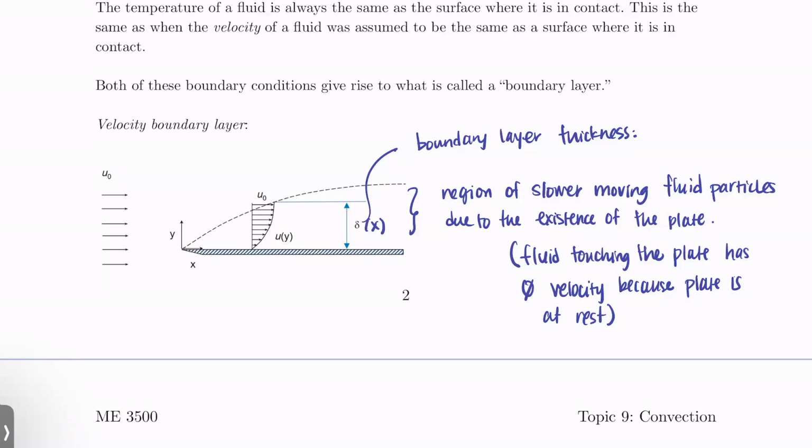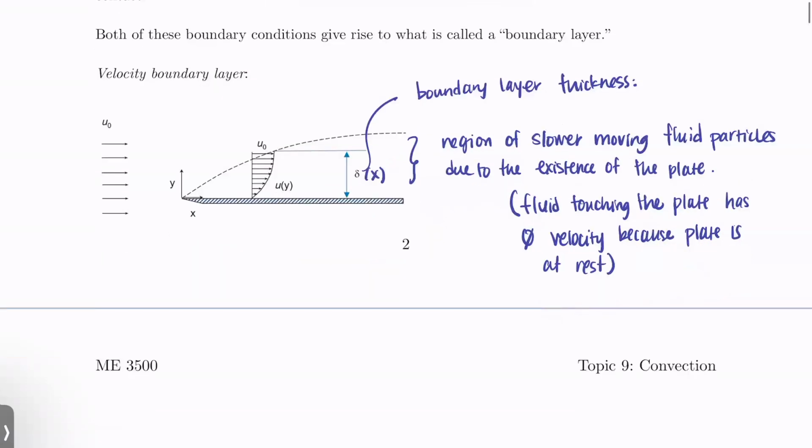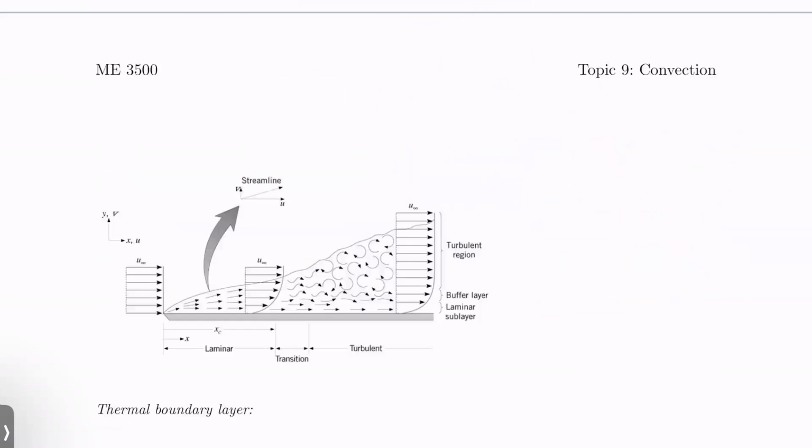I'm going to add a little more detail to this picture of the boundary layer. What a boundary layer looks like changes depending on whether the flow is laminar or turbulent. Okay? And so if you have a plate with a uniform flow coming into it, you'll start off with a laminar boundary layer.